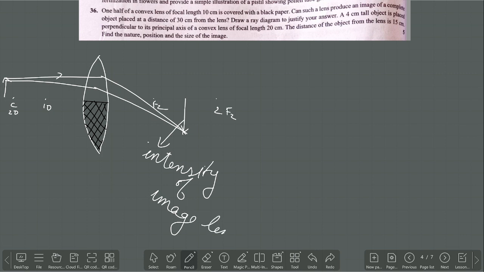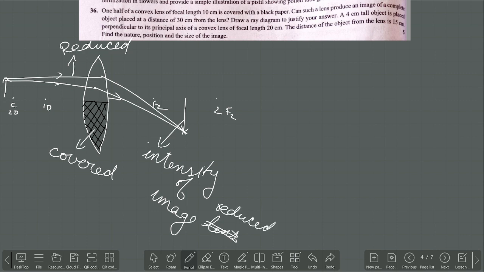The reason is the amount of light entering the lens has been reduced, as one half of the lens has been covered by a black paper. Clear? So that is the reason the intensity of the image is going to be reduced.